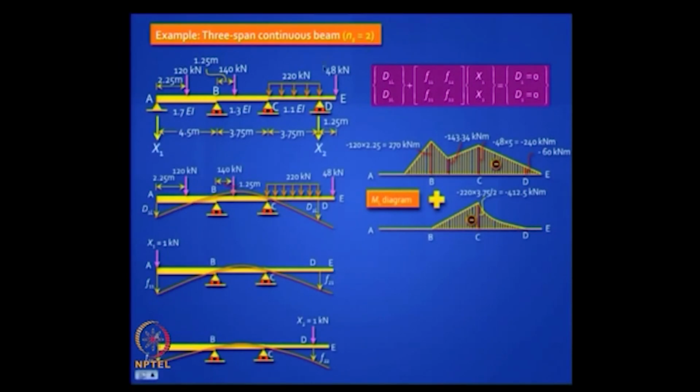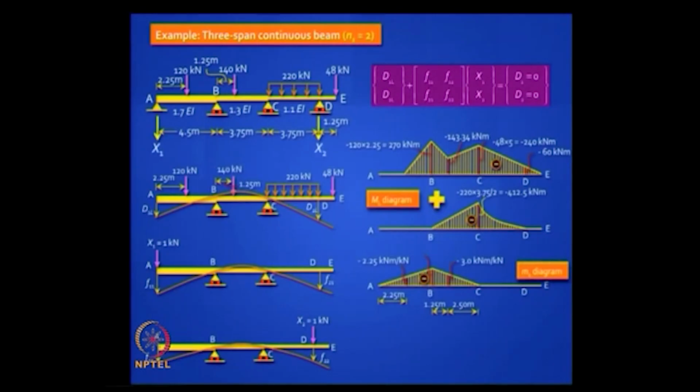I just took the UDL part and drew the bending moment diagram due to the UDL separately here, which you can recognize, and the rest of the loads, the 3 concentrated loads, would give me a bending moment diagram like this. You will notice both the diagrams are hogging moment diagrams because the overhangs are really making the beam hog. The deflected shape also reflects the hogging. Clear? Now the other one is easy to do.